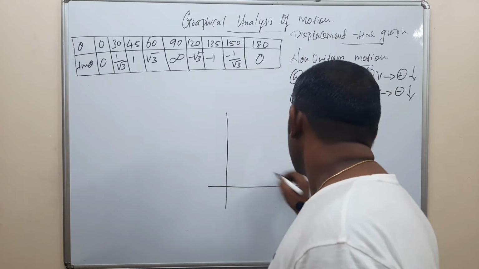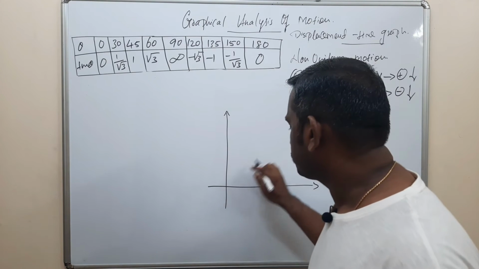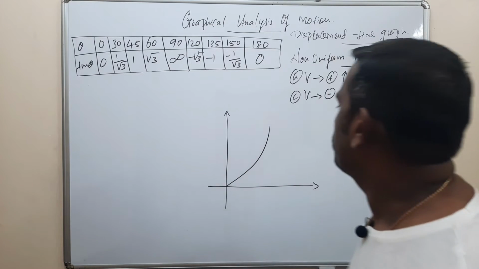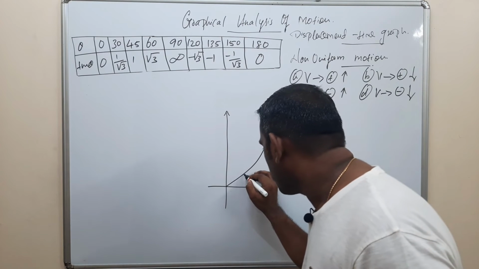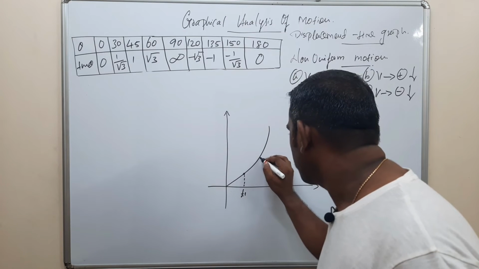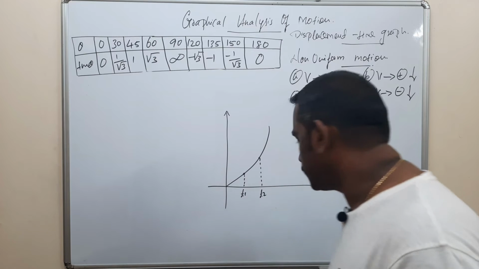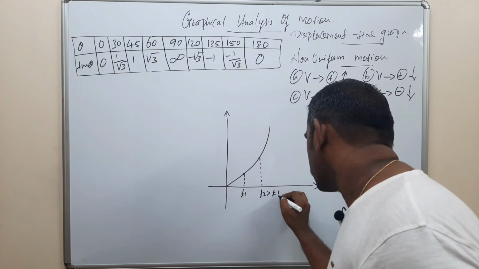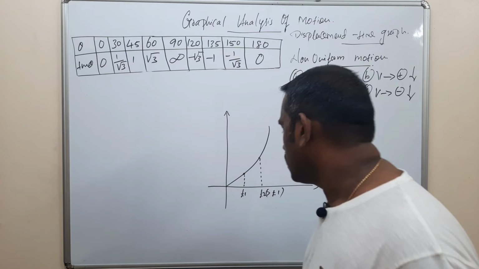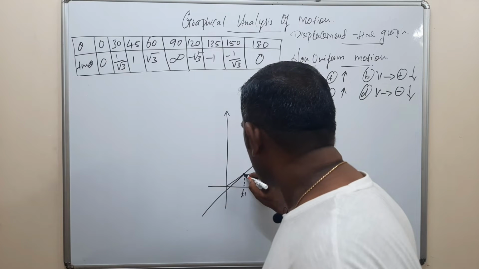So this is a displacement time graph. Point at a time t1, time t2, where t2 is greater than t1.